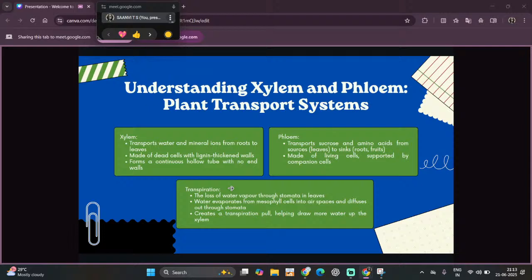So the mesophyll cells inside the leaf are each covered with a thin film of moisture, and some of them have air spaces in them. So the water vapor diffuses out of the leaf through the stomata, passing through these cells. Water from xylem vessels in the leaf then travels to the mesophyll cells by osmosis to replace this. This creates a transpirational pull which helps draw more water up the xylem.